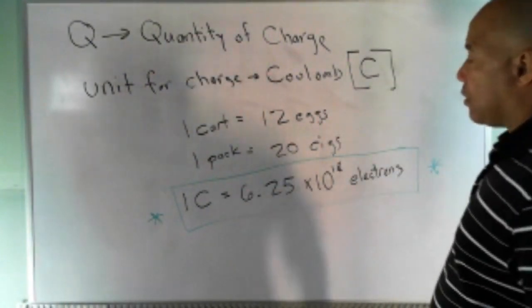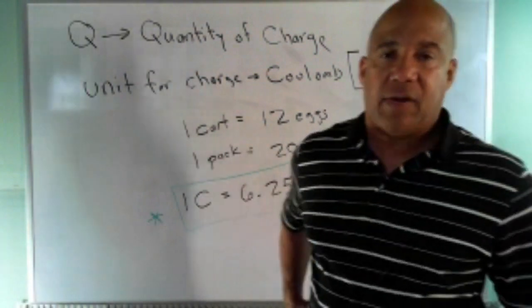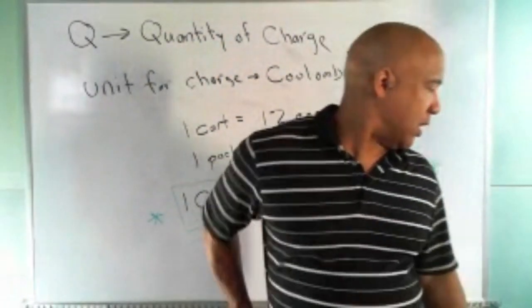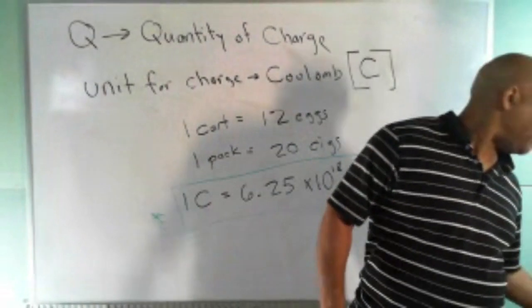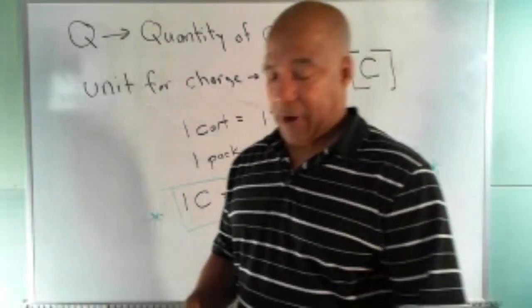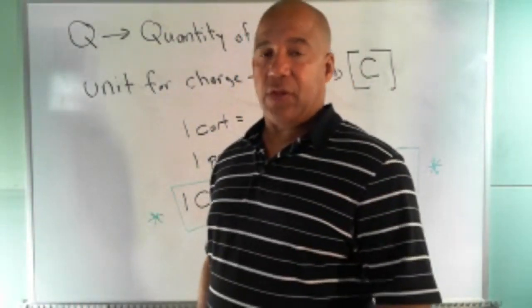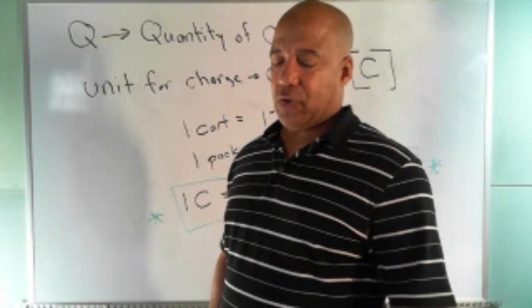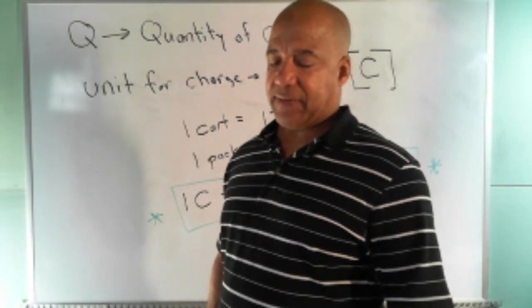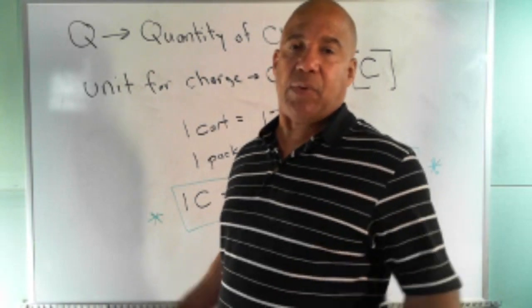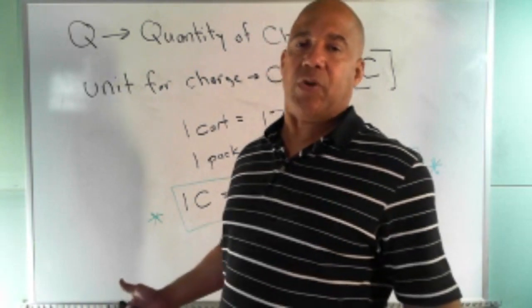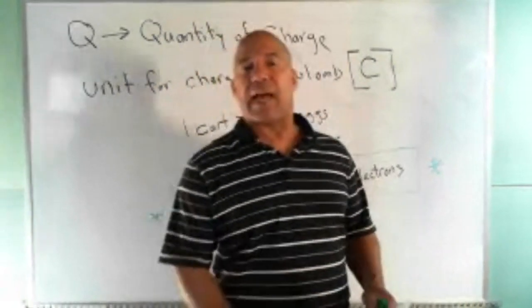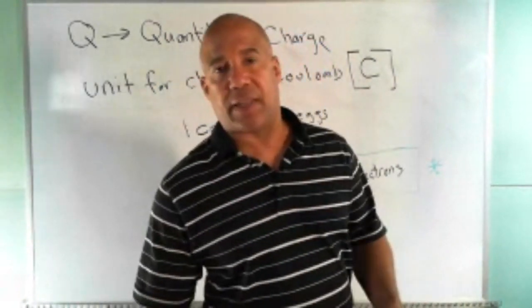So go back to that practice sheet, if you have it out. There's another practice problem. I'm looking at problem number 2 on the practice sheet. It says you have a neutral dielectric and it has added to it 12.5 times 10 to the 18th electrons. They want to know how much charge that is. What's Q? If you have the practice sheet out, or you can bring it up, take a look at that problem.